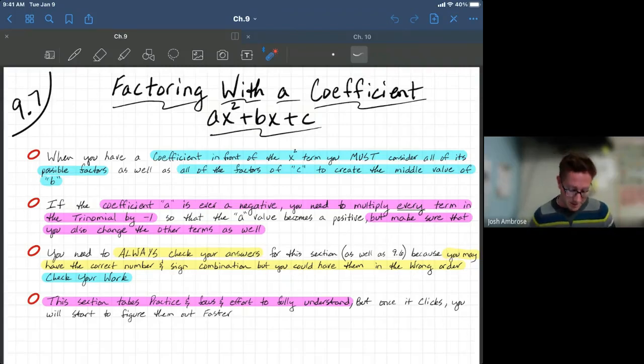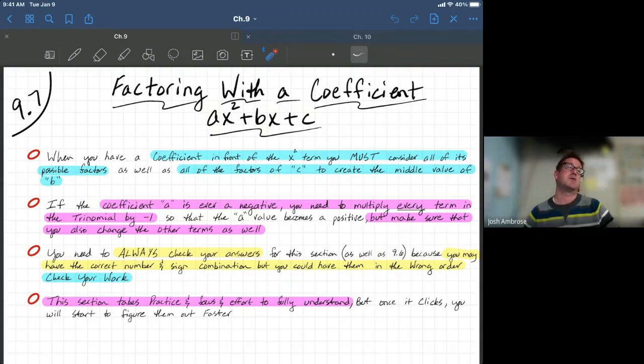This is really important: always check your answers. We're going to do that for all these problems. You saw us do it in section 9.6 because that's important there too. Check your work, check your work, check your work. And again, I just want to make sure you understand this type of stuff takes practice.